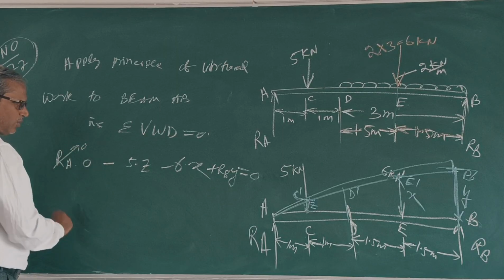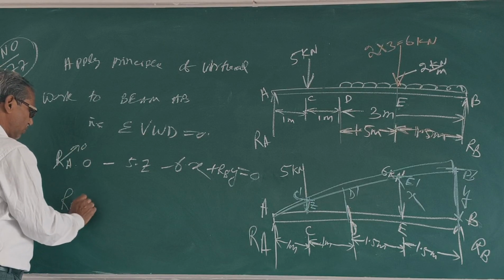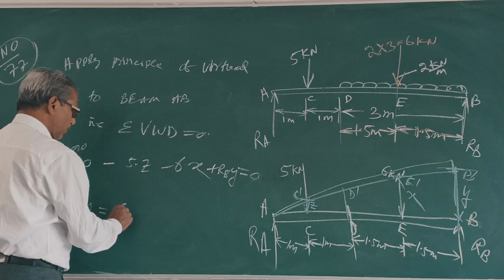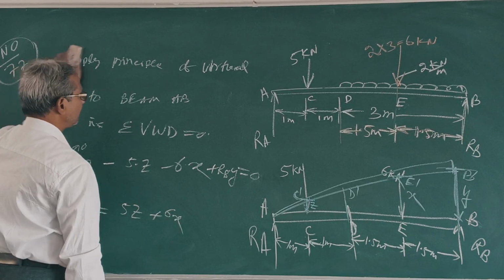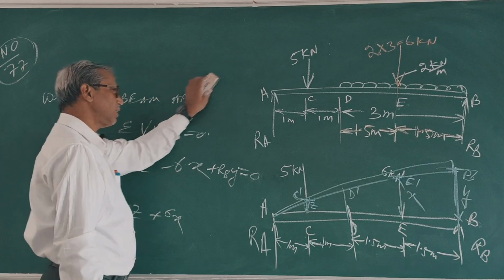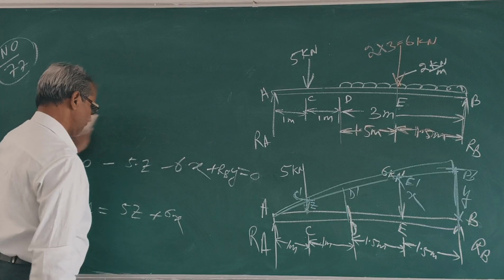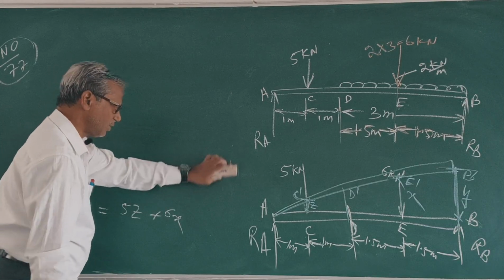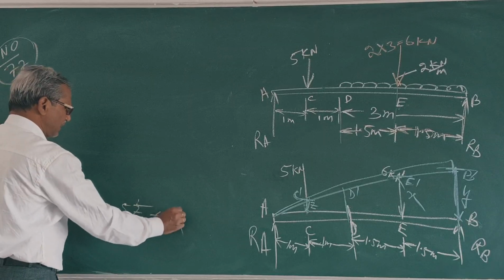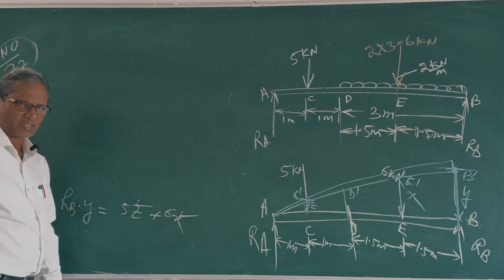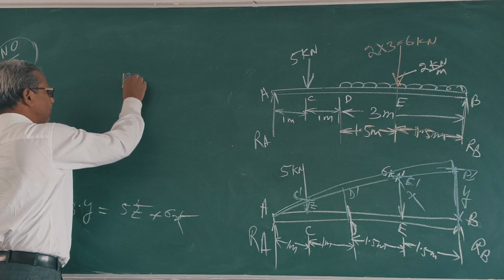So RB into Y is equal to 5Z plus 6X. Putting the values of Z and X, Y cancels on both sides, and you find RB.